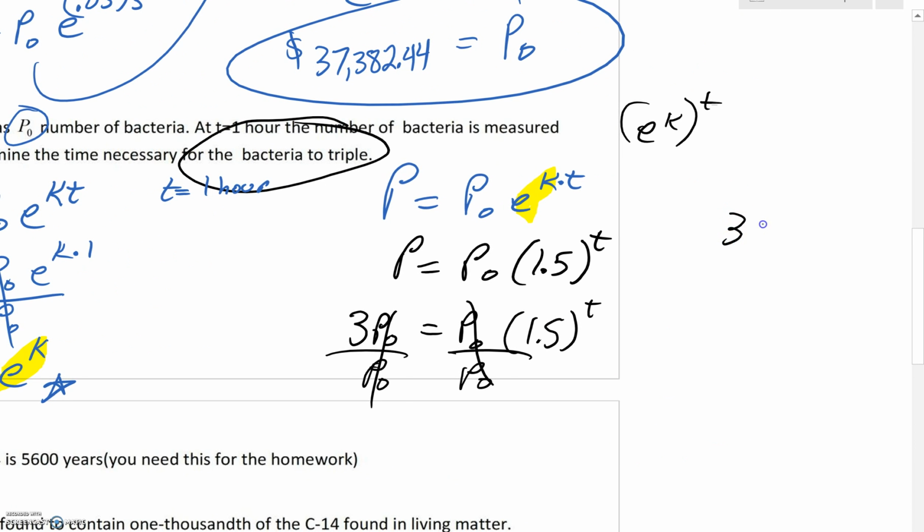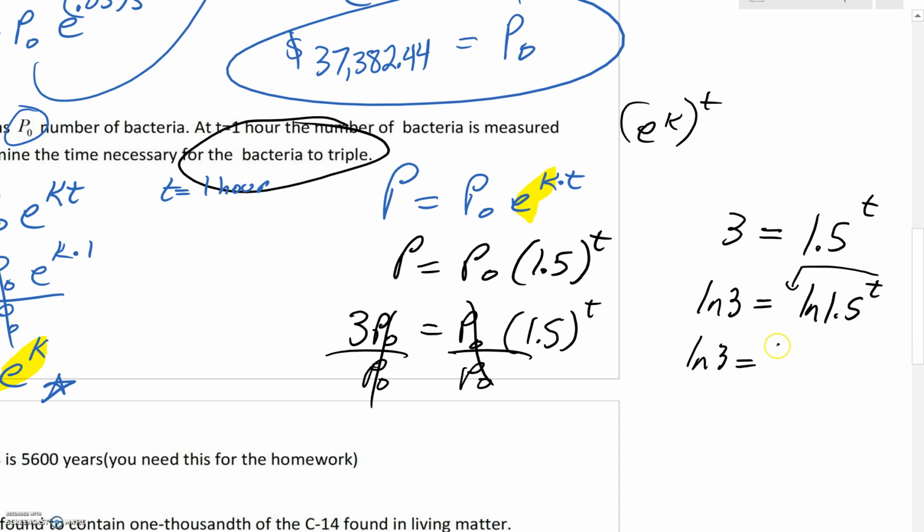And now you just have to solve for t. Good algebraic reminder. How do you solve for t in this regard? Take a natural log. We'll take ln of 3 equals ln of 1.5 to the t. We can bring that t down. And now we just divide by the ln of 1.5. And real fast, we can get that to work out.